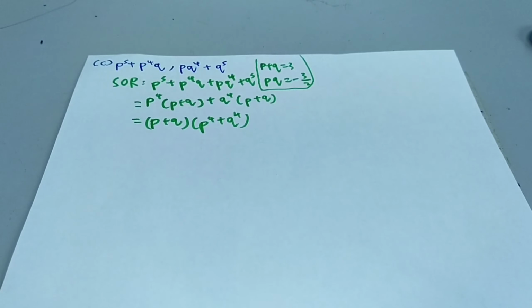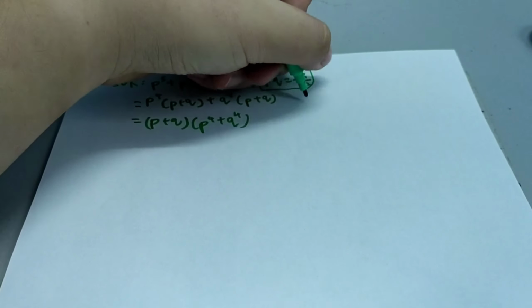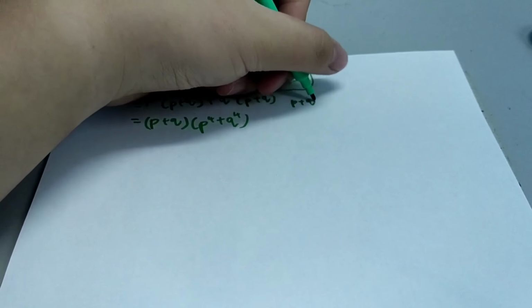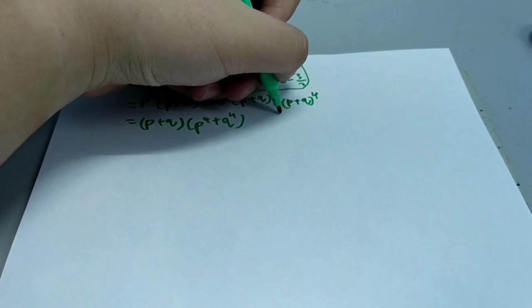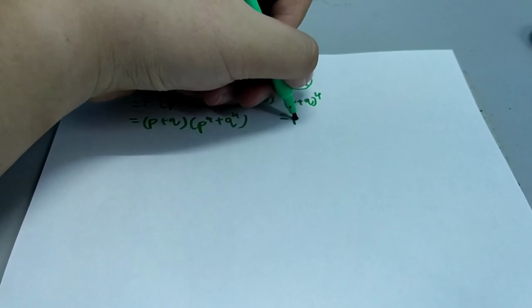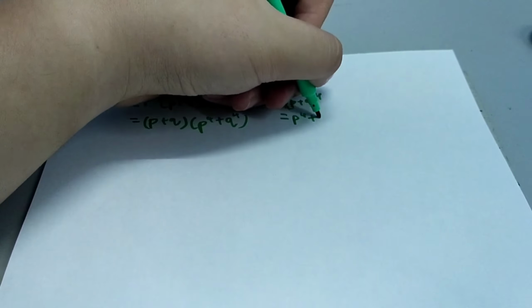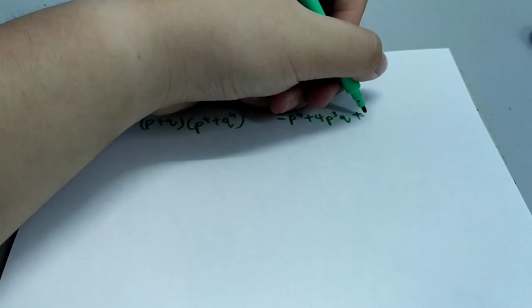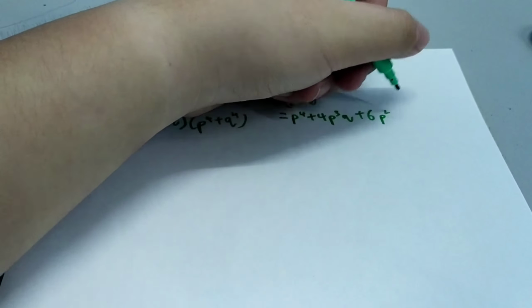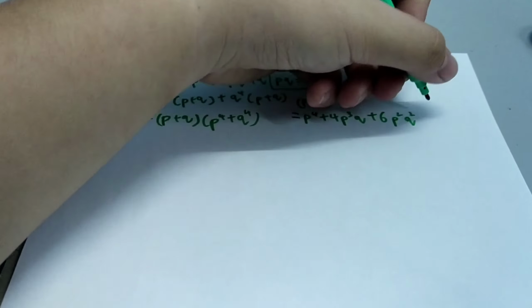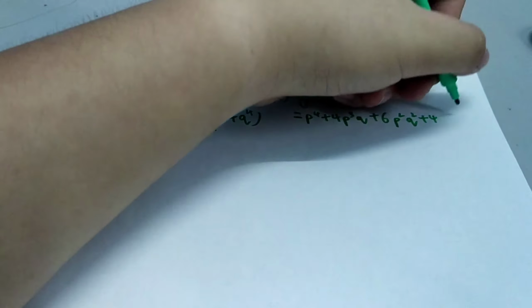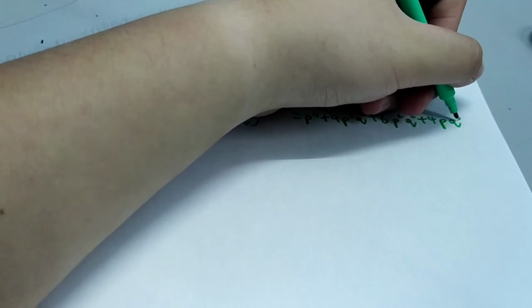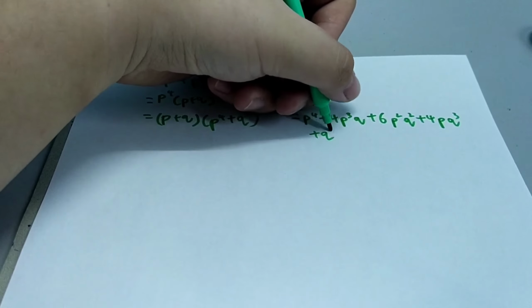Now if you do a lot of expansion, then keep trying, because your final result should be that p plus q power of 4 is equal to p power of 4 plus 4p cubed q plus 6p squared q squared plus 4pq cubed plus q power 4.